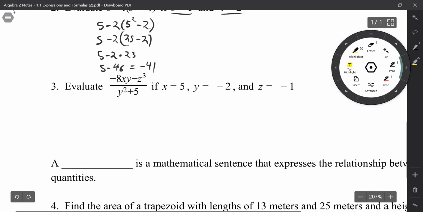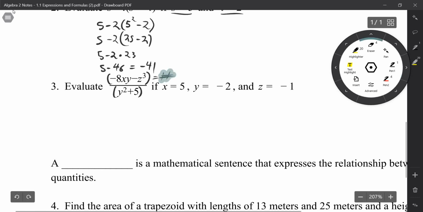Pan on down a little bit. This one will take a little bit longer, but not too much. Let's see. Again, for this, I always recommend putting in some parentheses so you remember to deal with this top number independently and this bottom number independently, because really all these symbols and numbers are just representing individual values. Even though there's a lot going on here, negative 8x, y minus z to the third, really that's just going to equal some number.